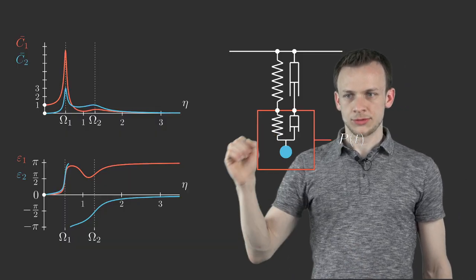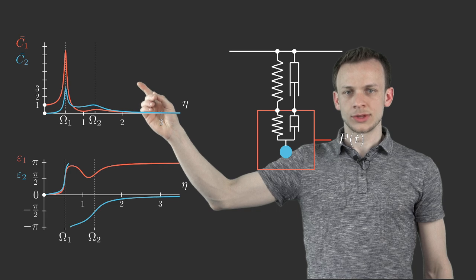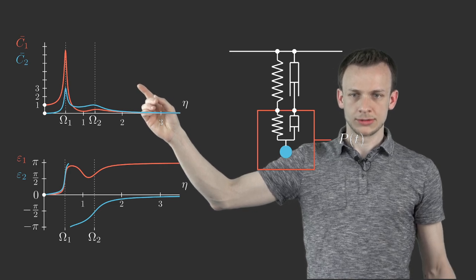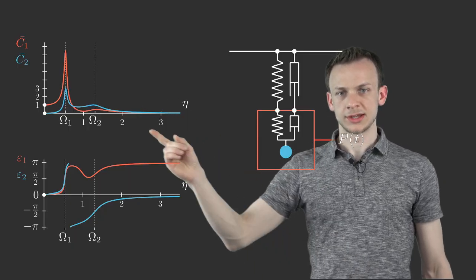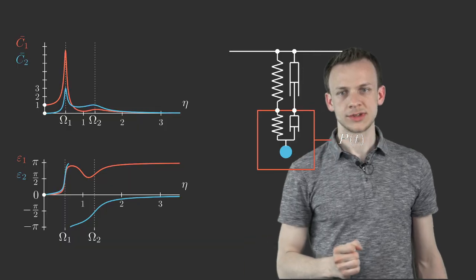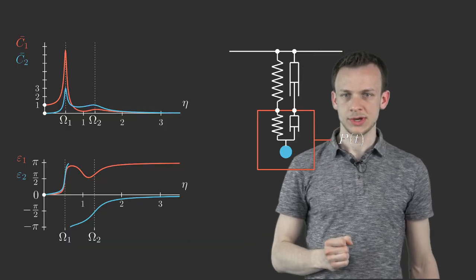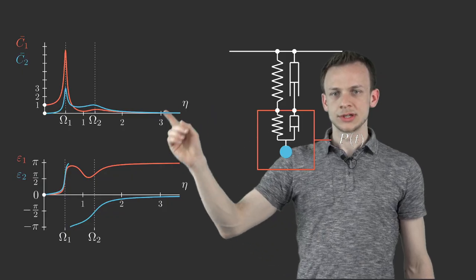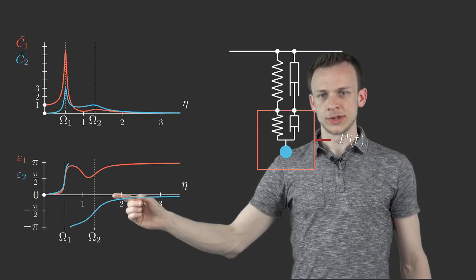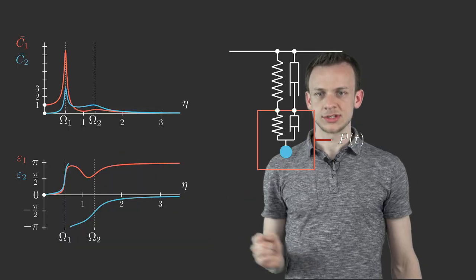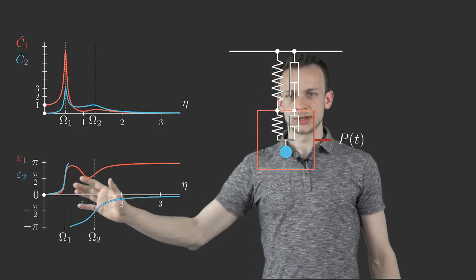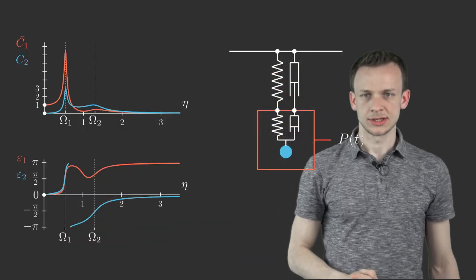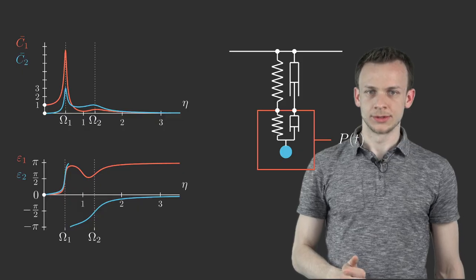And before, a positive value was associated with a phase shift of 0 and a negative value associated with a phase shift of minus pi or plus pi. And in this example, we have not only 0 and pi as phase shifts, but we have some values in between. That's why we plot the phase shift as an additional curve here.